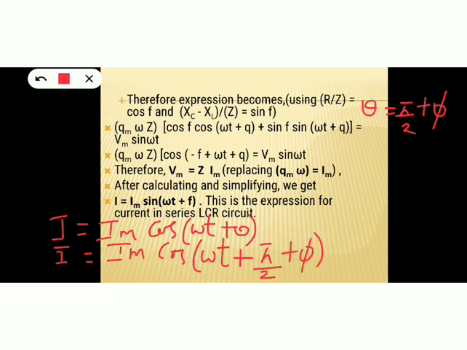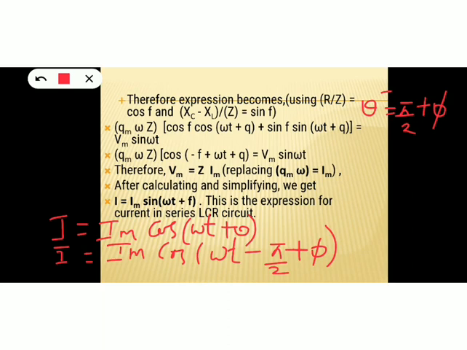Okay, and to be more specific, it is minus pi by 2 plus phi. So here it is minus pi by 2, it is not plus pi by 2. So we can write omega t minus pi by 2 plus phi.